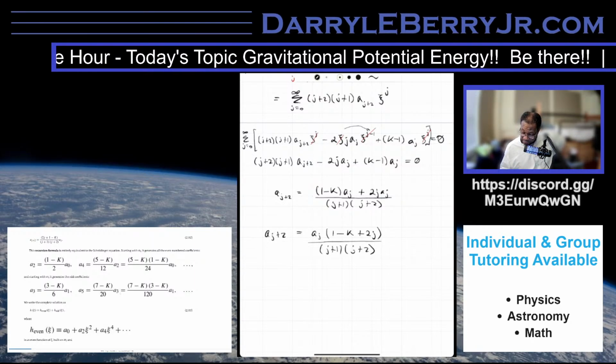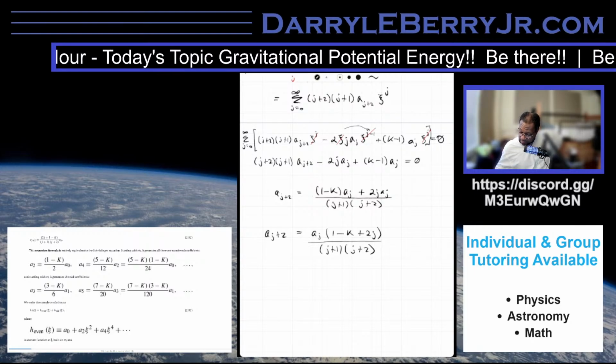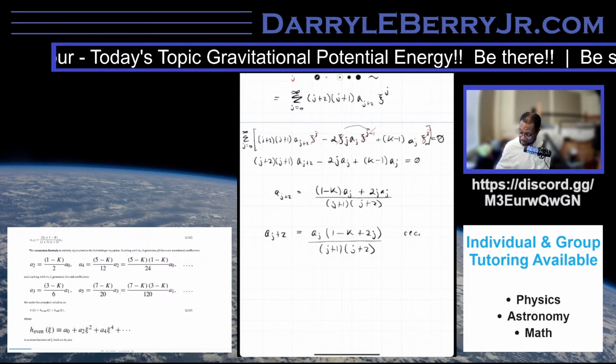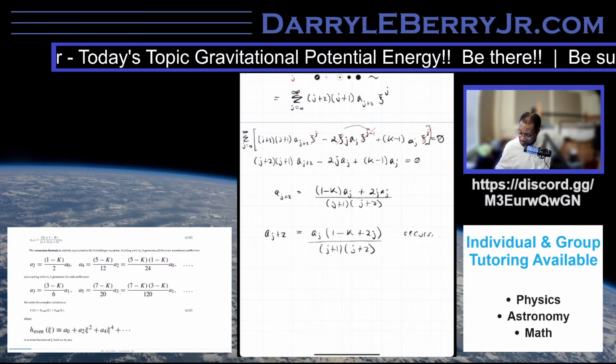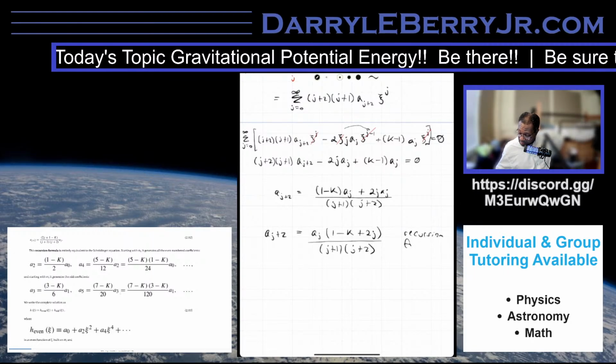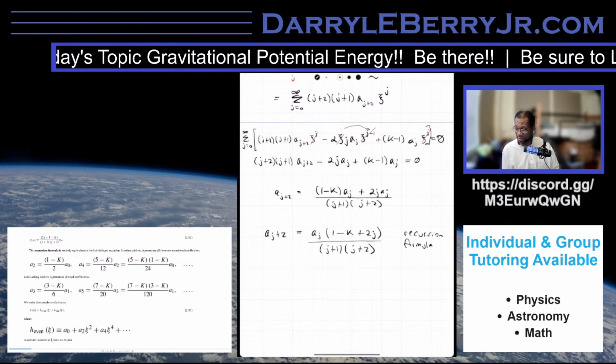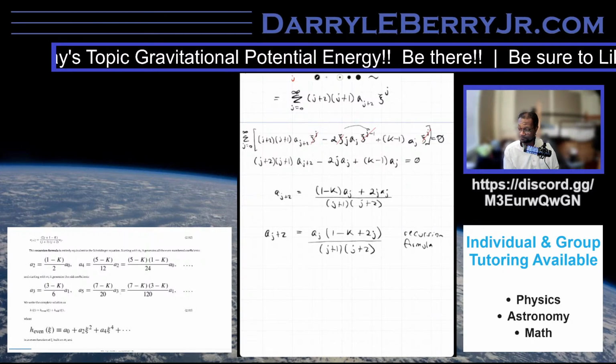Right? So this is called the recursion formula, which allows us to get the respective values of a_(j plus 2) to solve the equation.